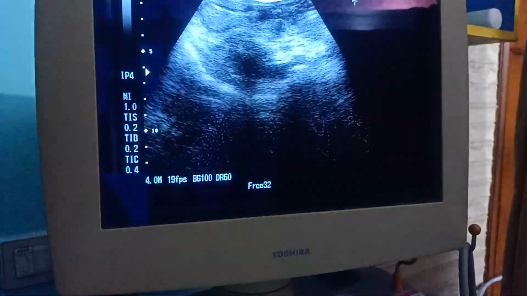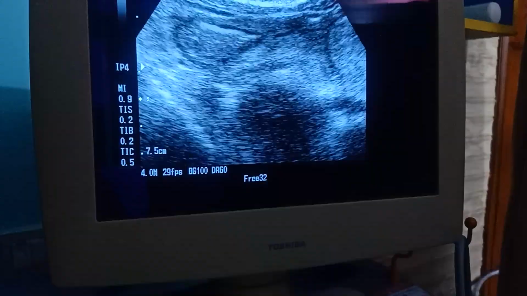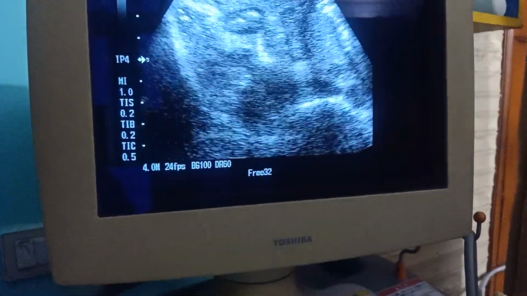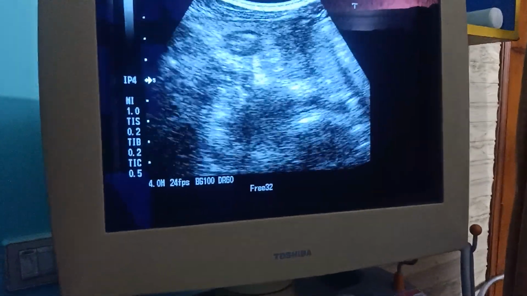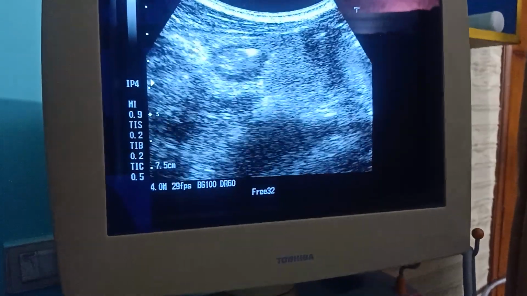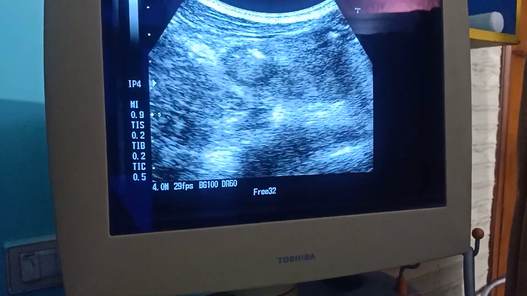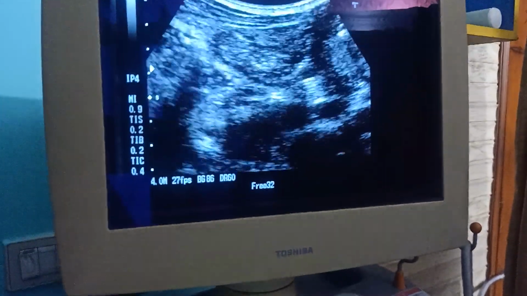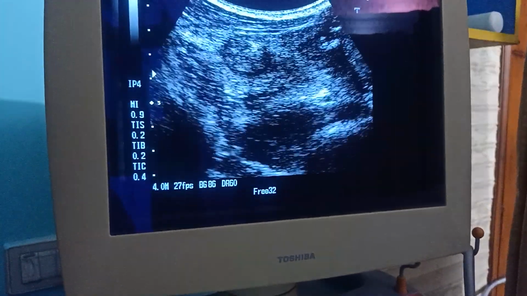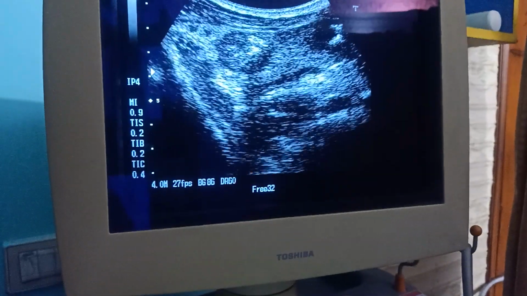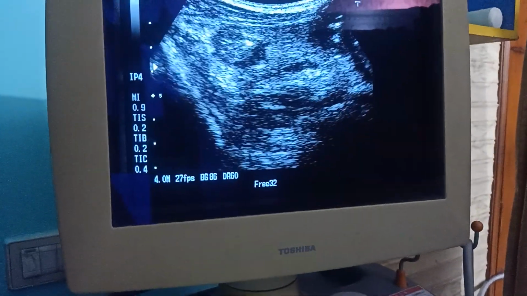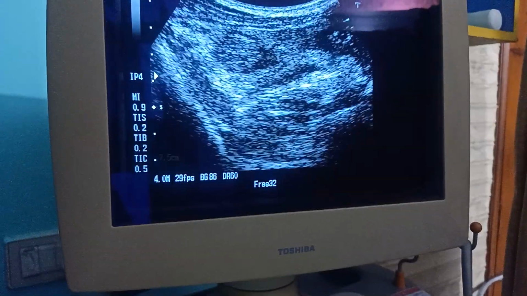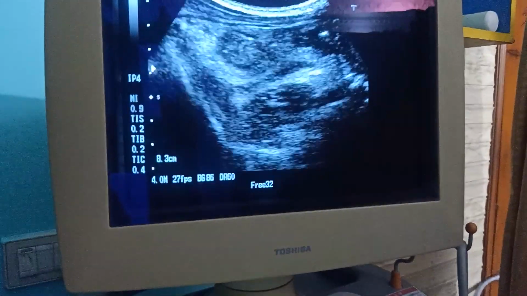Again I am taking you to the gut walls, which is a very interesting topic here. Most of the sonologists get deceived when they find any gut pathology; they just overlook it. So this is a really important thing to note when a patient comes to you with vague abdominal pain or any other sort of complaint.